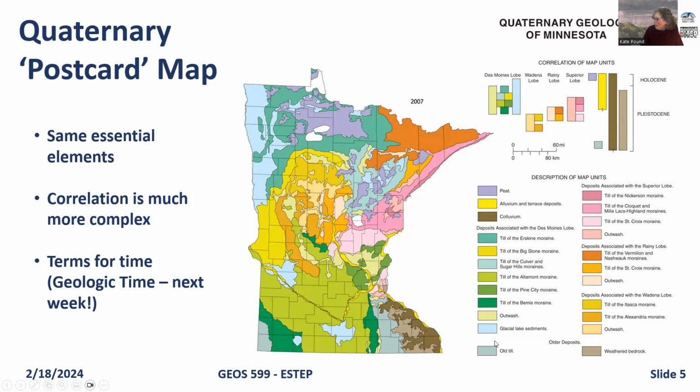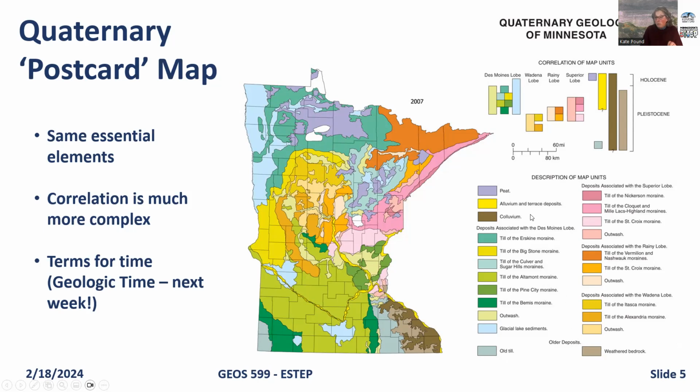There's actually a break here. And here it has older deposits. Those would be deposits older than the Wadena Lobe outwash. So they've kind of separated out much older material down here. And it says old till and weathered bedrock.